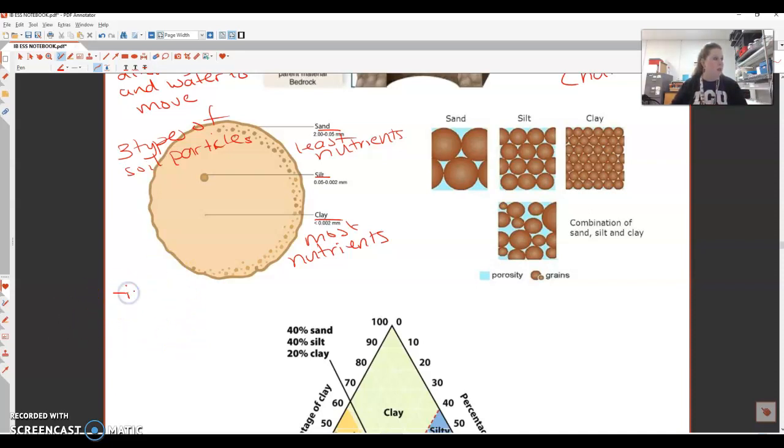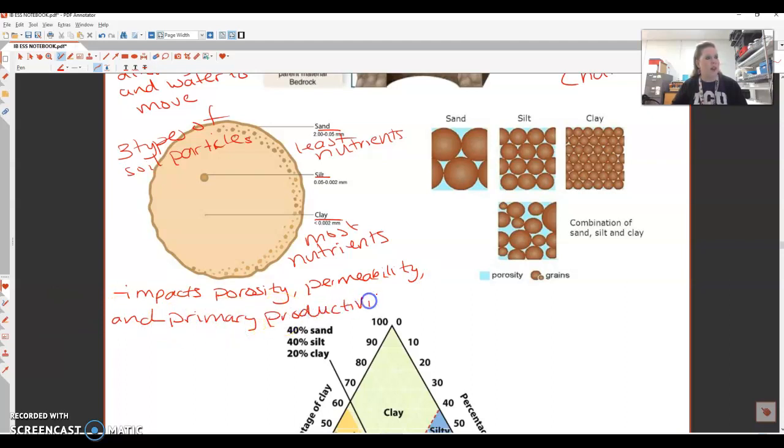So this impacts porosity, permeability, and primary productivity. What is primary productivity again? Plant growth.